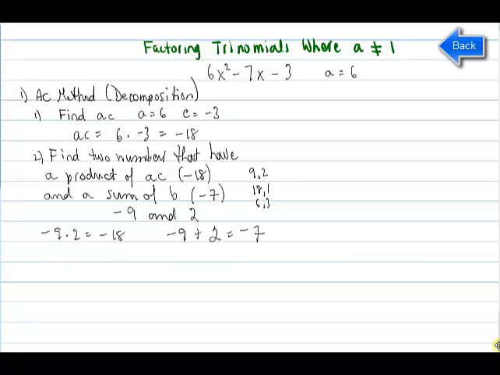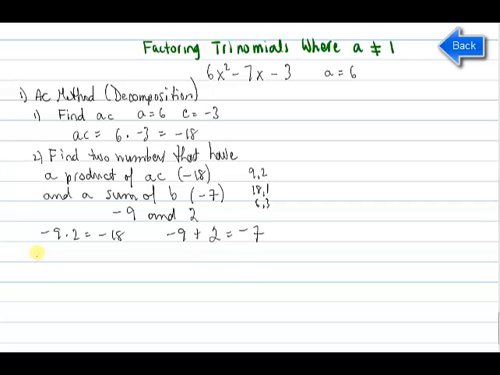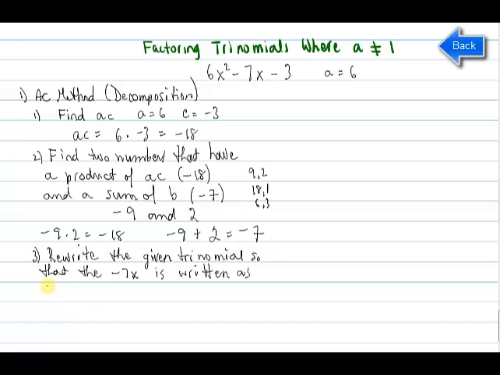Okay, so the next step then is to rewrite the given trinomial so that the negative 7x, which is your middle term, is written as negative 9x plus 2x, because that's going to give you negative 7x.